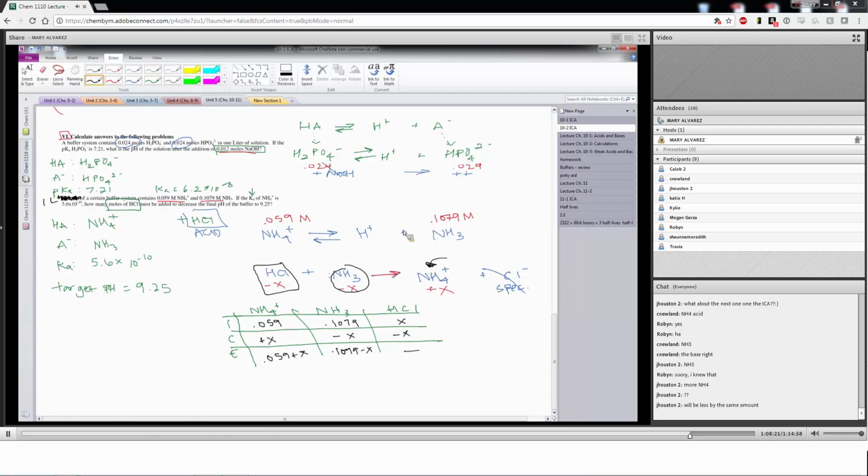Okay. Now we have all of the pieces, we can plug them into our equation. And since we have the Ka of A, we'll probably want to use the equation H plus equals my Ka of A multiplied by my HA divided by A minus.